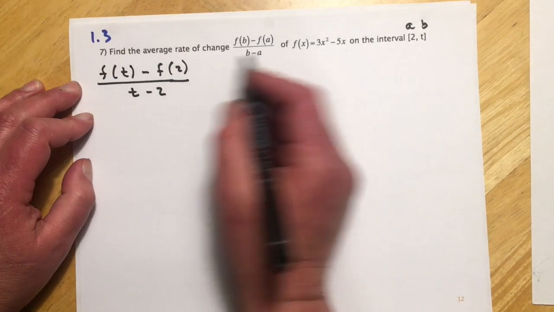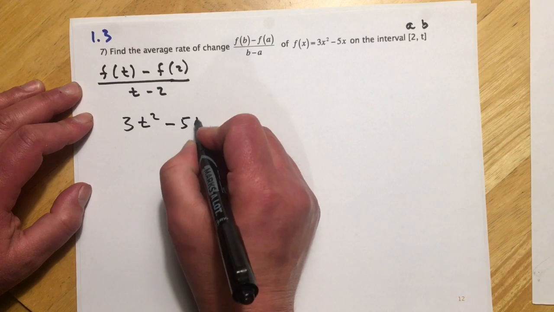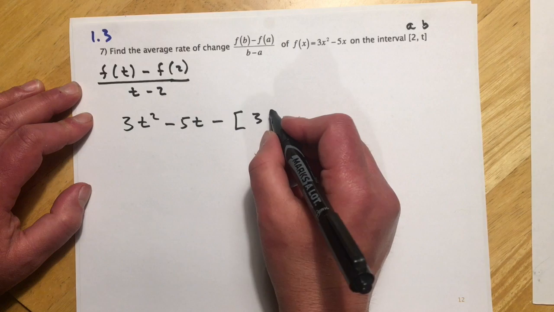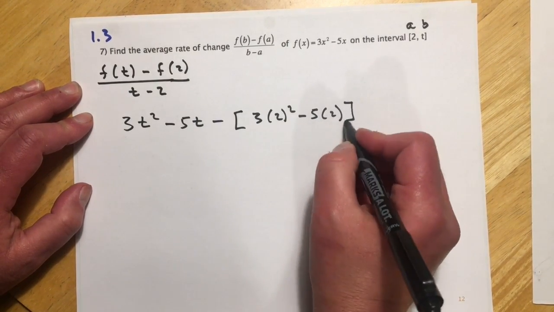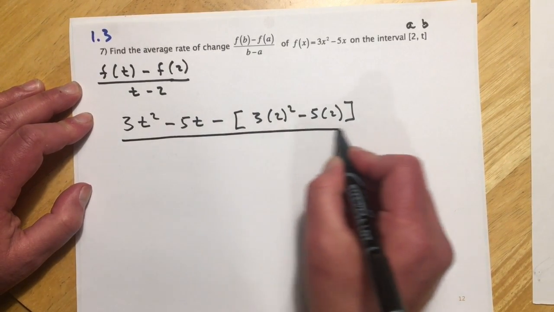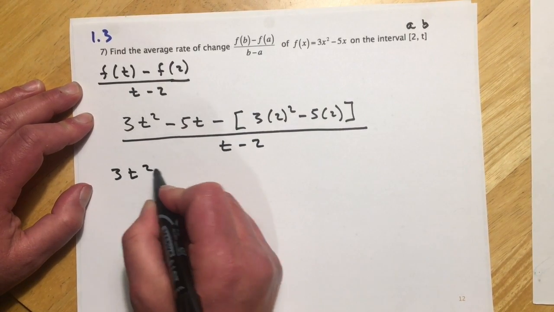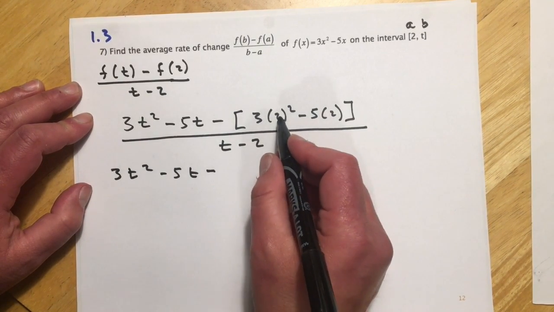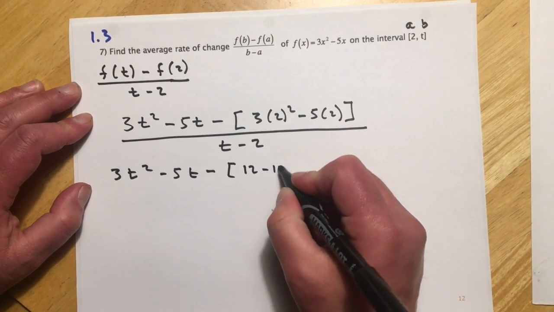So that's going to look like 3t squared minus 5t, and then minus 3 times 2 squared minus 5 times 2. And that's over t minus 2. So this piece is 3t squared minus 5t, and that's going to be minus, let's see, 2 squared is 4 times 3 is 12 minus 10.